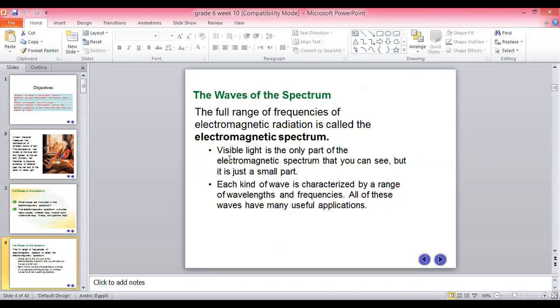And we said visible light is a part, a very small part, of the electromagnetic spectrum. And we arrange them based on their wavelength and frequency, because they are different in wavelength and frequency, while the speed is the same, as you know.